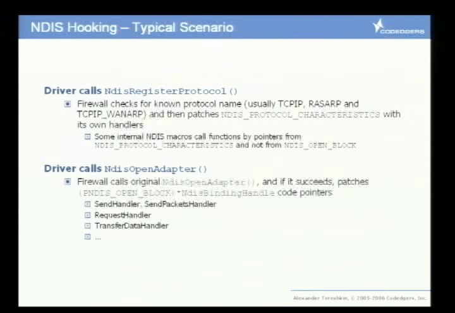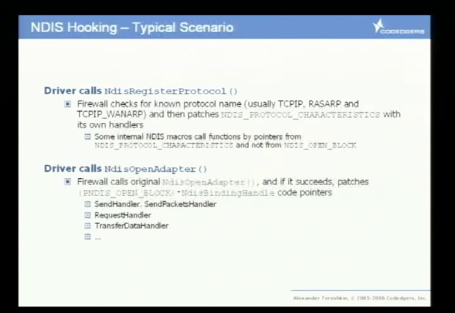Then, when a driver calls NdisOpenAdapter to bind its protocol to the specific miniport, a firewall should catch it, and it will patch the NDIS open block structure, which is returned by NdisOpenAdapter in the NdisBindingHandle argument pointer.